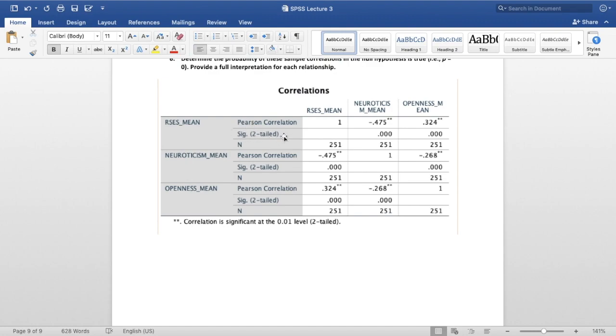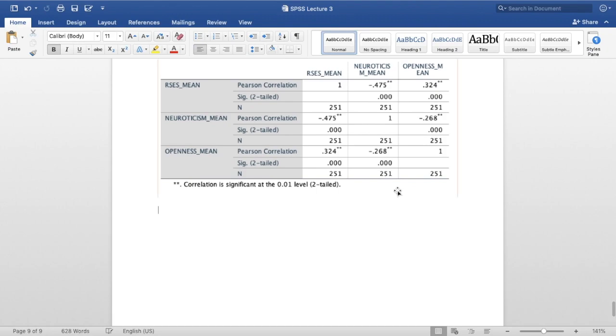Okay, so significant two-tailed, 0.000 is less than 0.05. Oh, it is? Okay, the correlation between self-esteem and neuroticism is significant. Therefore, reject the null hypothesis. P is less than 0.05. Okay, same here. It looks like all of our p-values are less than 0.05. So all of these relationships are significantly different from the population correlation of 0.